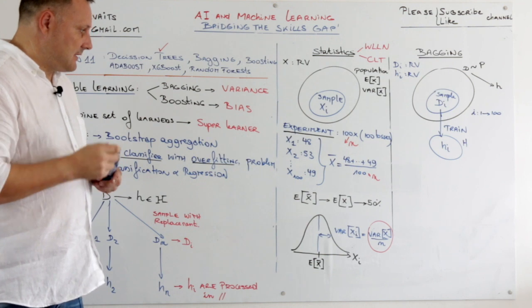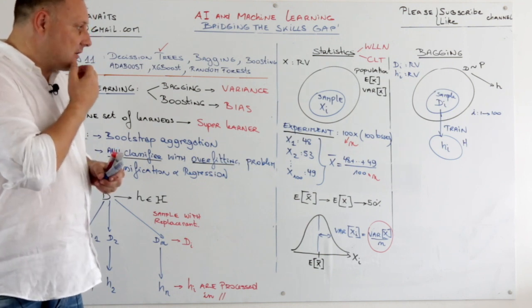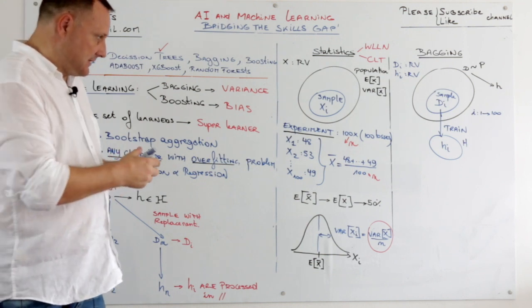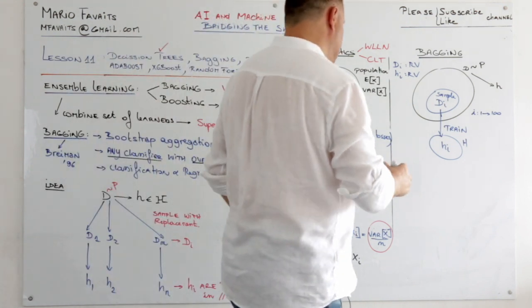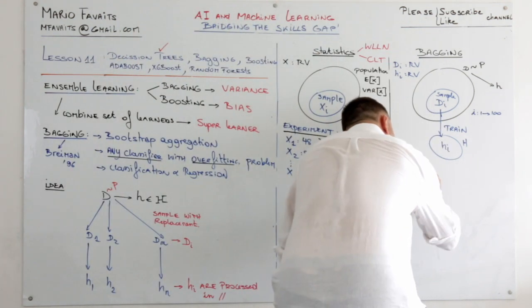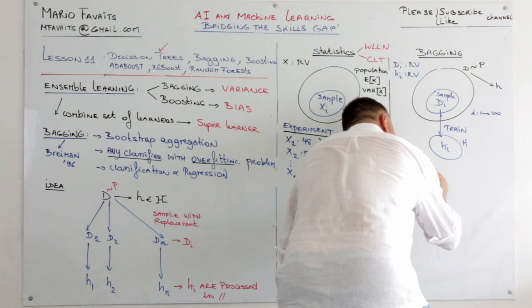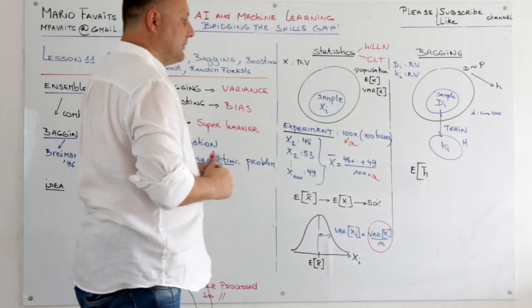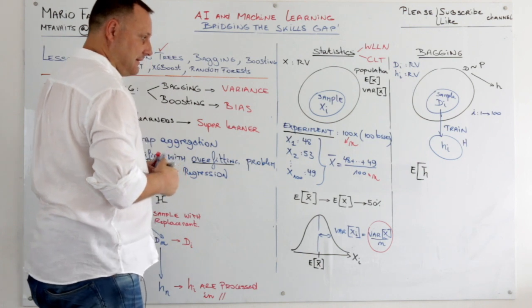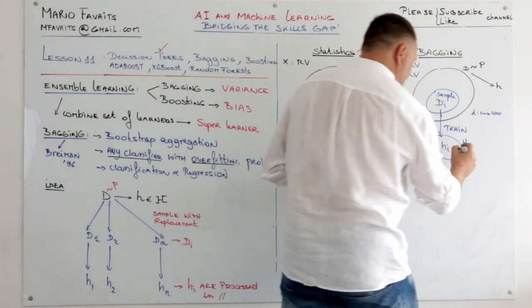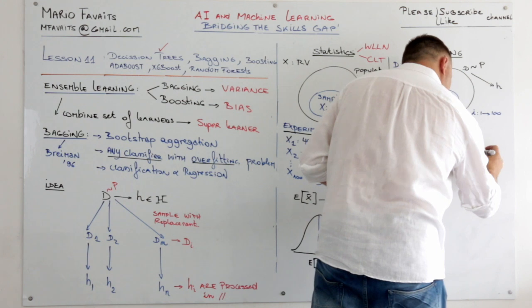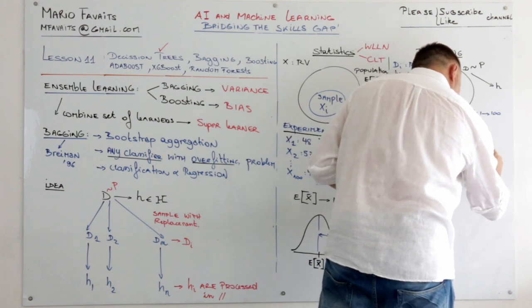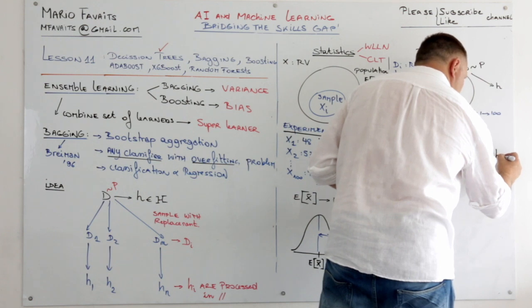Now, what does the weak law of large numbers say? Well, that the expected value of the sample mean, so here you're going to calculate the mean, and the mean is 1 over n, the sum of the HIs.